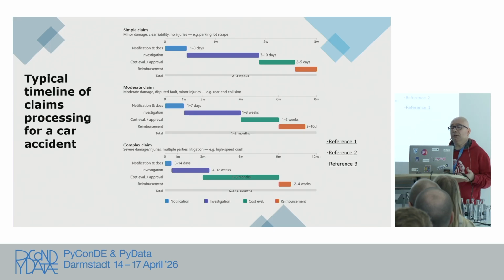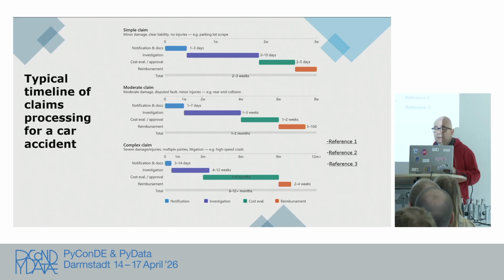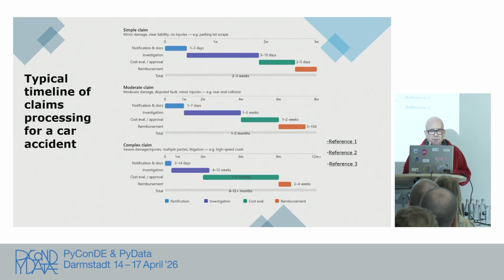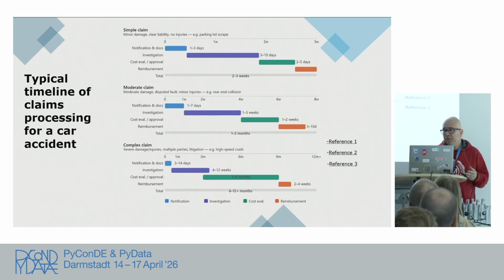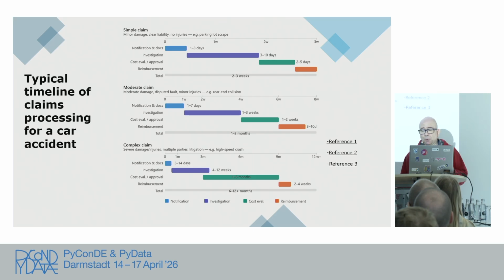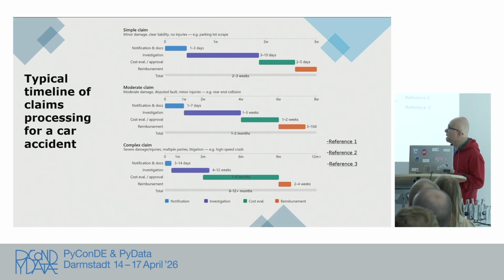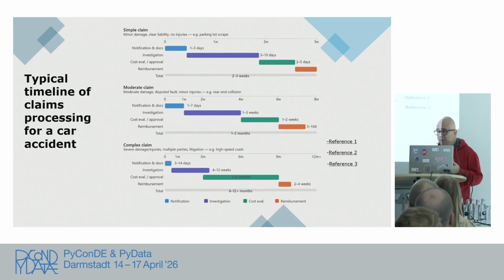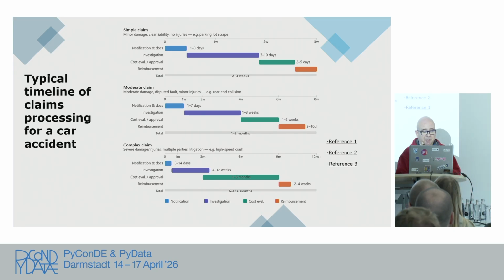If you look at claim processing, it is really slow. It starts when you have a car accident: the customer gives the notification and submits the documentation. Then there is a claim handler who investigates the fault and the evaluation of the cost, and there is also the approval of the claims, and then the communication and the reimbursement of the payment.